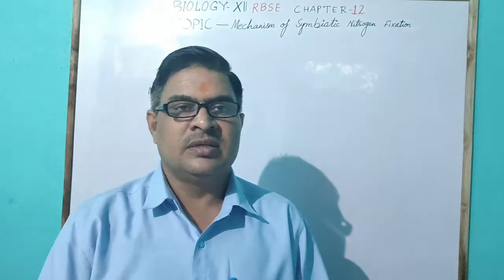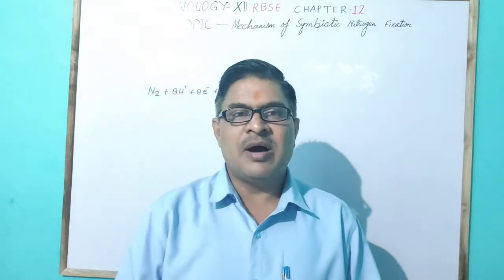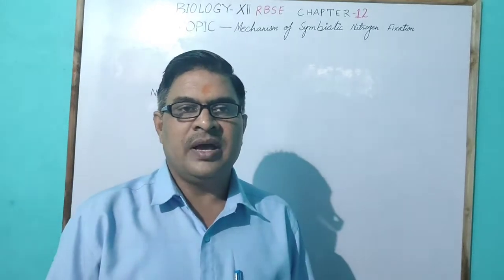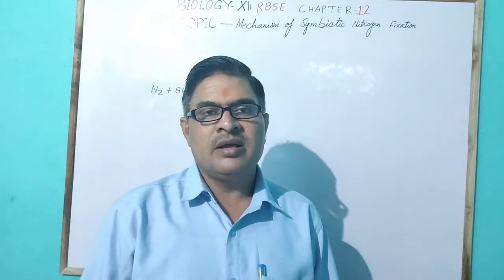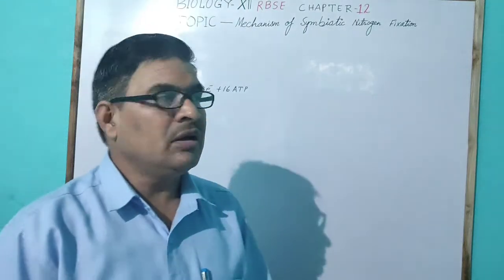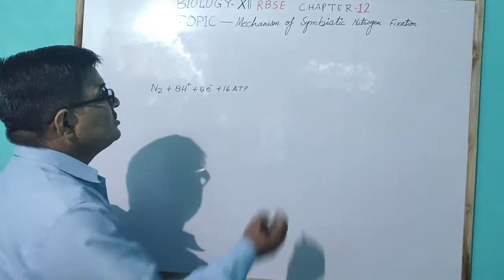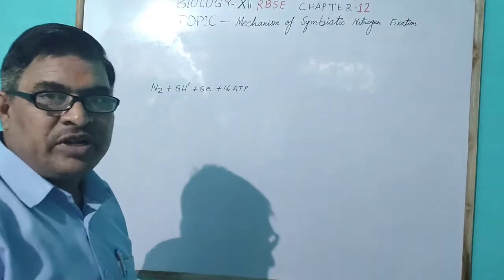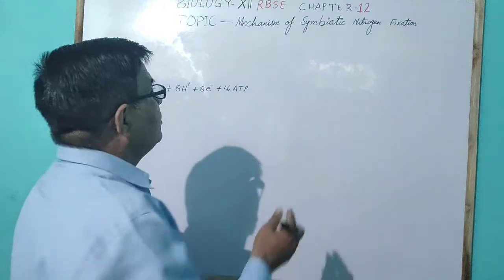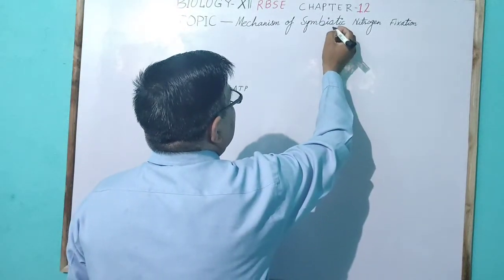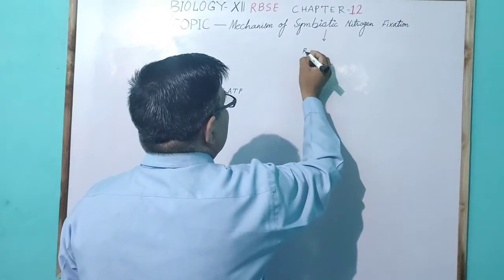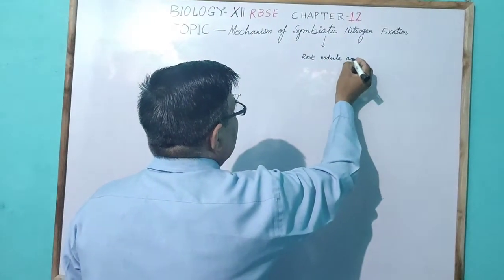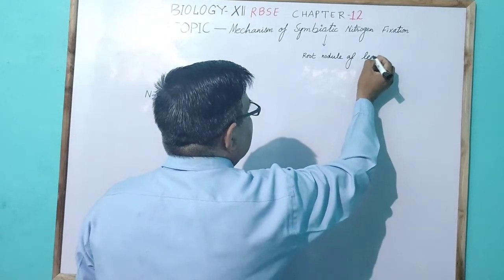As I have discussed in the previous lecture about the mode of infection of bacteria and nodulation, today I will discuss the mechanism of symbiotic nitrogen fixation, which occurs in the root nodule of a legume plant.